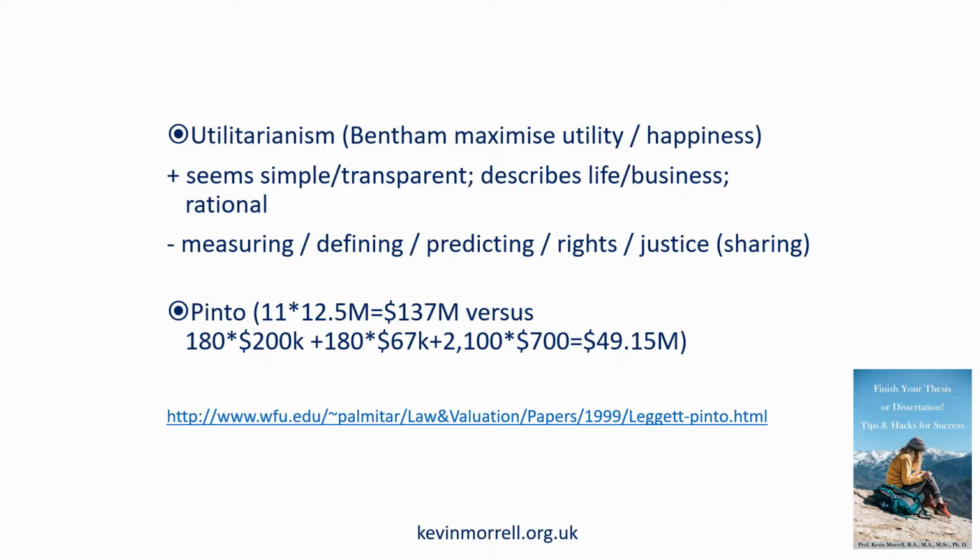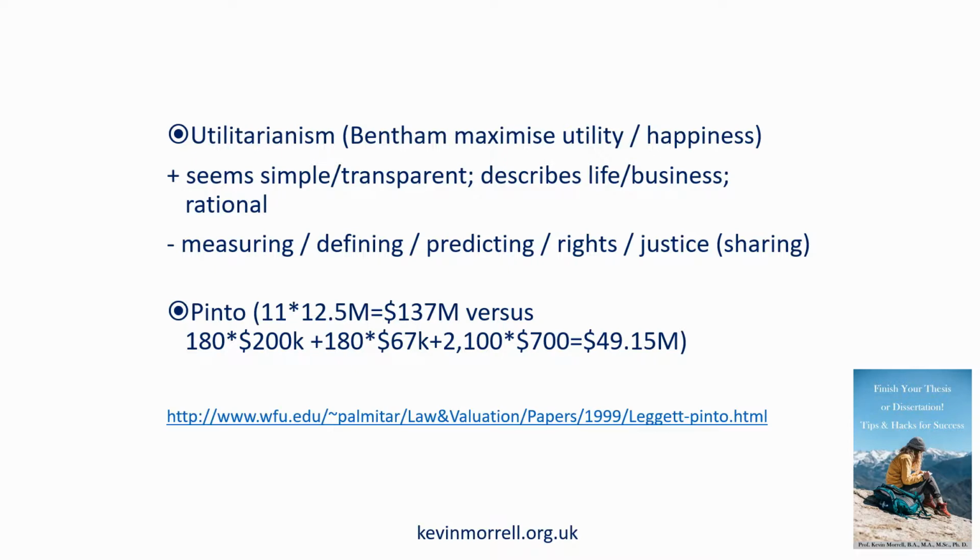They basically calculated the costs of repairing a fault in the car, which would, under certain circumstances from a rear collision, lead to a fire. And they worked out how much it would cost for the number of people who would die from that, 180 times 200,000. The number of people who'd be seriously injured, 180 times 67,000.